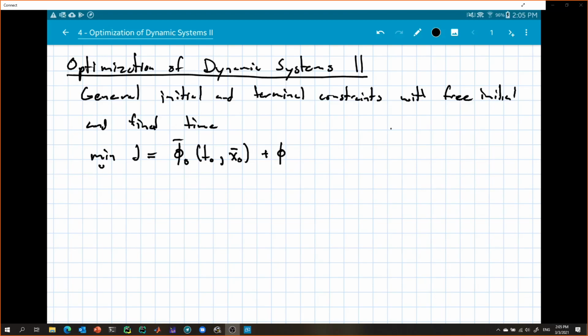Likewise, we have terminal cost phi F, based on the final time and the final states. And lastly, we have some path cost integrated from initial time to final time, L, dependent on t, x, and u, dt.